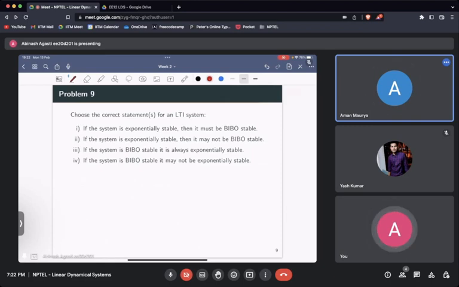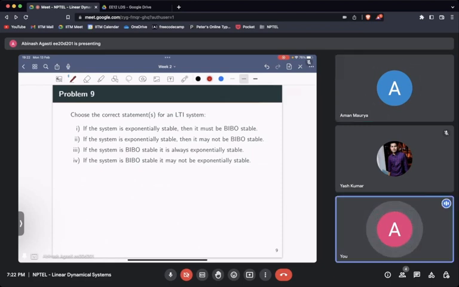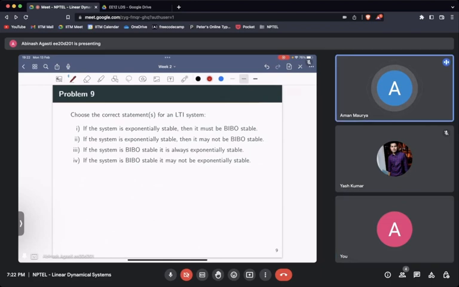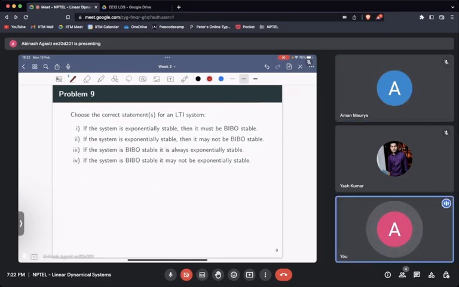Exponentially stable means that the output drops down under an exponential envelope. So obviously if you give a bounded input, the output will be bounded because it in fact goes to zero. So exponential stability is a much stronger result than BIBO stability. So if a system is exponentially stable, then it must be BIBO stable.